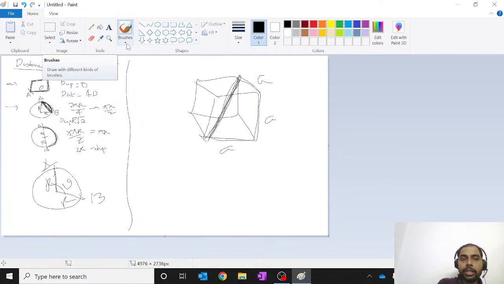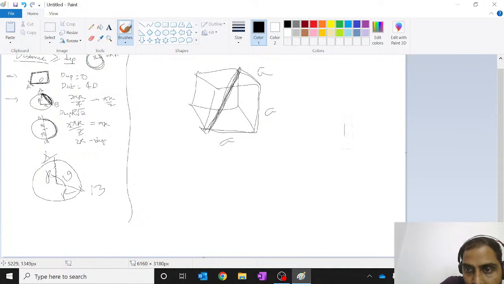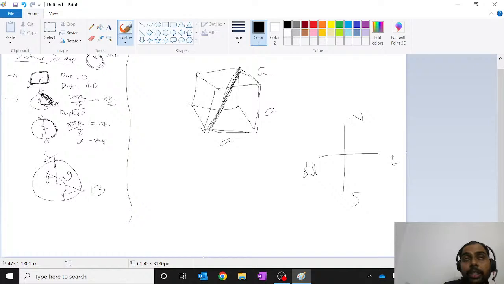If you've seen the vectors concept, you know the directions: east, west, north, and south. Correct? If you remember a case where a person travels 5 meters towards east, then 10 meters towards north, and stops here.